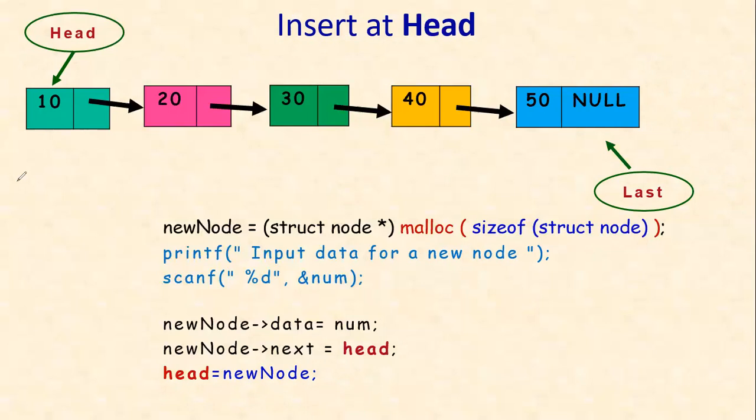Now you have to create a new node, keep some new value, let us say 60, and link this new node to the list at this point. After linking this, the first node is the newly created node, so you have to make it head.